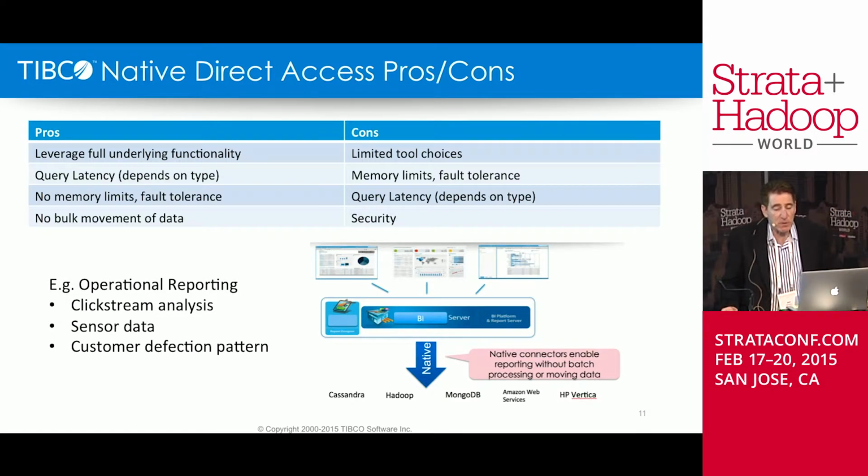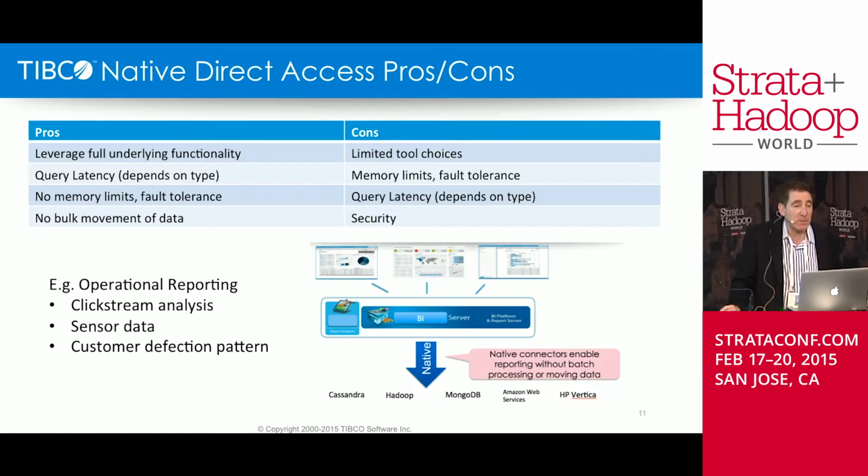Some of the pros are that you leverage the full underlying functionality of the data store because you're connecting directly to it. Also, it can be very fast for query latency. It depends on the type of connection, but there are definitely connections available for native connectivity where you can get interactive, near real-time response.